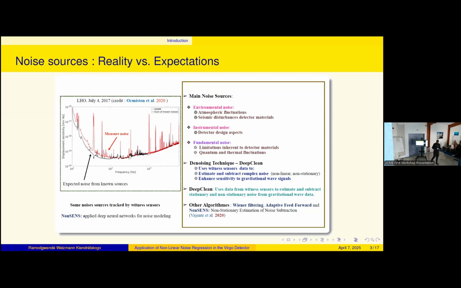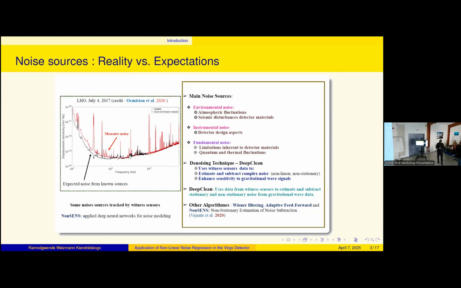So to improve the detector sensitivity, we rely on witness sensors. And that is where DeepClean comes in. DeepClean is a one-dimensional convolutional neural network designed to use the witness sensor data to subtract noise from the main gravitational wave channel. The main gravitational wave channel means here the readout of the detectors.